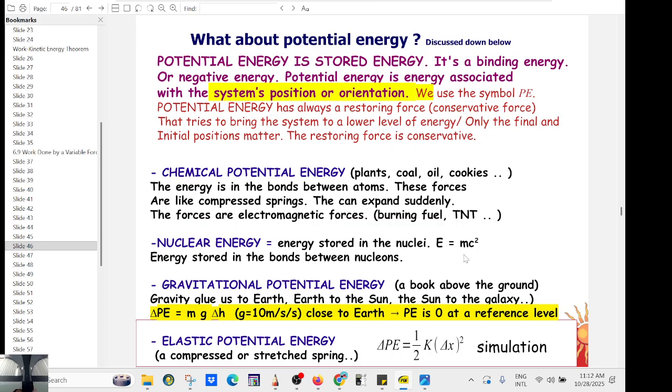So after a nuclear reaction, if you measure the mass before and after, some mass has been lost. That's your potential energy being released. You have 1,000,000 times more energy in the nuclei than you have in the chemical bonds. 1,000,000 times more for the same mass. So if you are burning coal versus burning uranium, for the same mass, 1,000,000 times more energy.